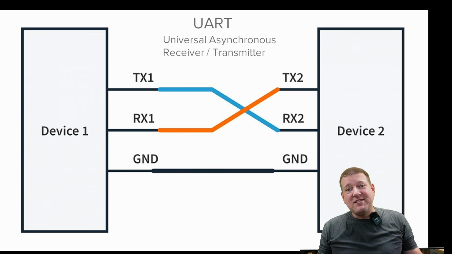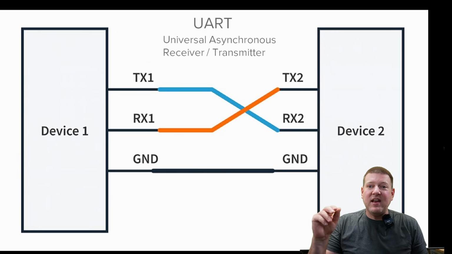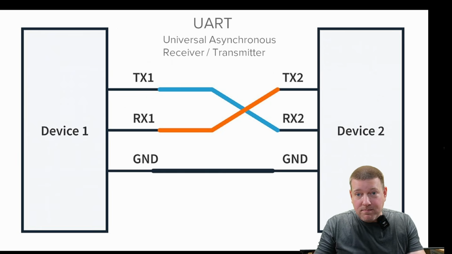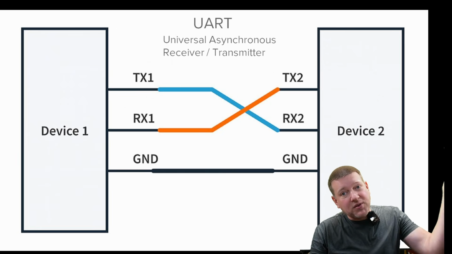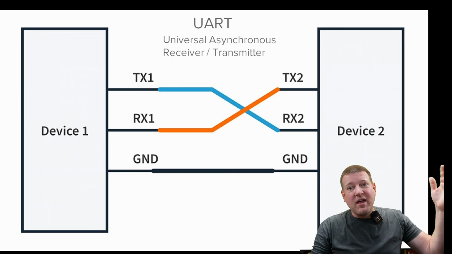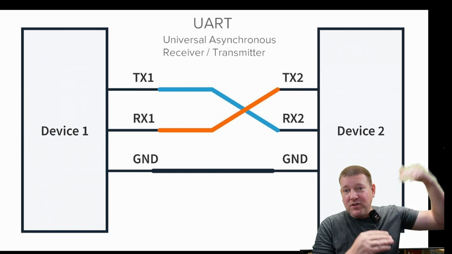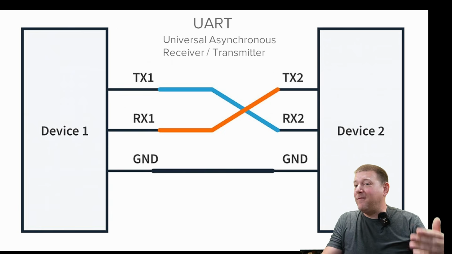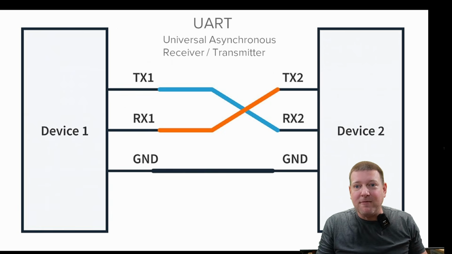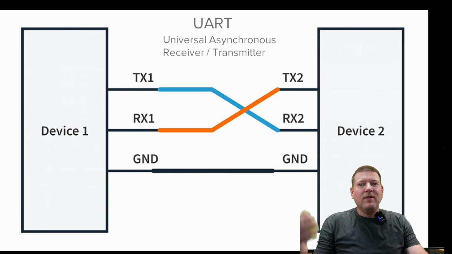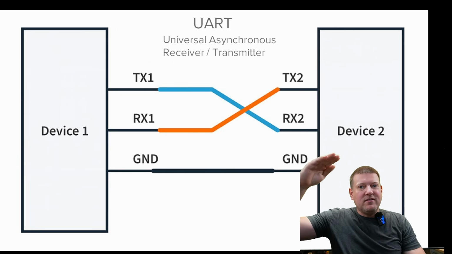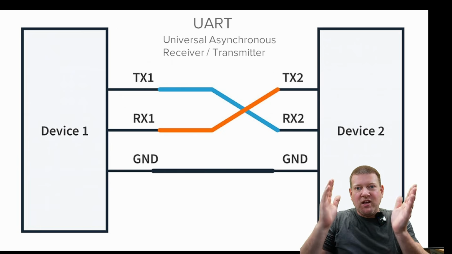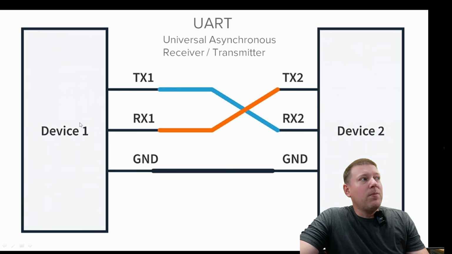The ground has to be the same, because if you're going to send a data bit, which is what? It's usually a pulse, right? And a pulse is a voltage, right? Well, in order to send a voltage, you have to have a ground or a negative. So, in other words, without one, you can't have the other, because this means nothing if you're not measuring it against something.